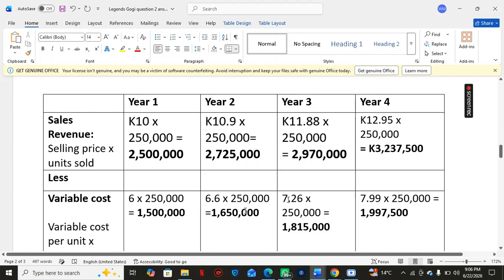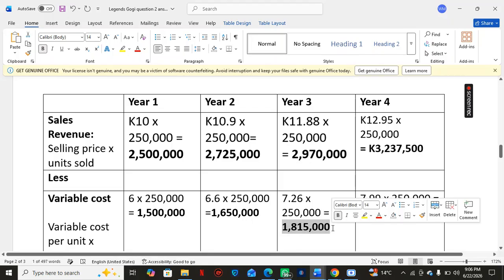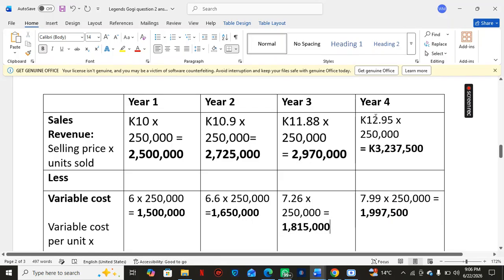Year three, variable cost 7.26 multiplied by 250,000, 1,815,000. Year four, variable cost per unit 7 kwacha 99 ngwe multiplied by units produced 250,000, 1,997,500.